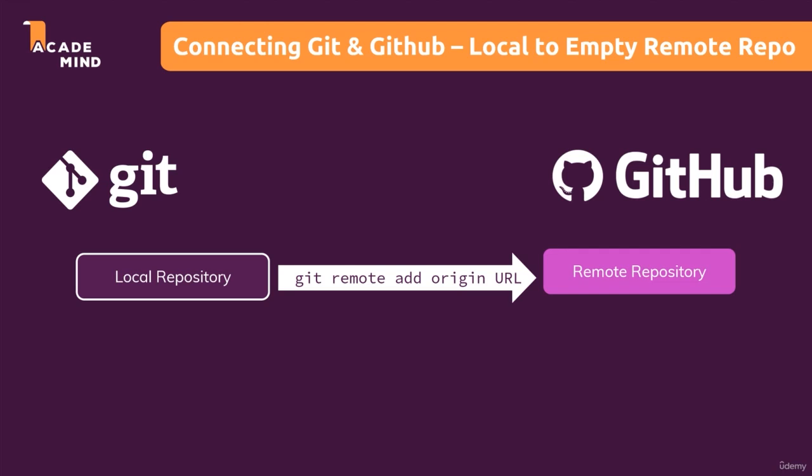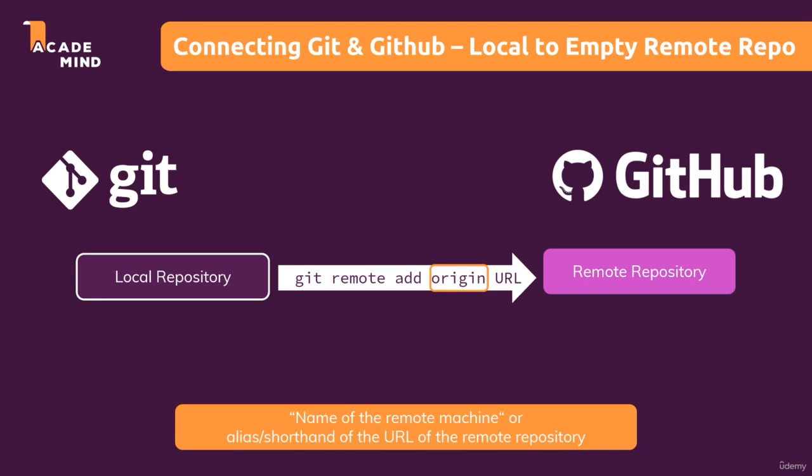And then origin and URL are simply the terms referring to the specific repository that we want to establish the connection to. Origin here is basically the name of the remote machine, or it's also an alias or the shorthand of the URL of the remote repository.